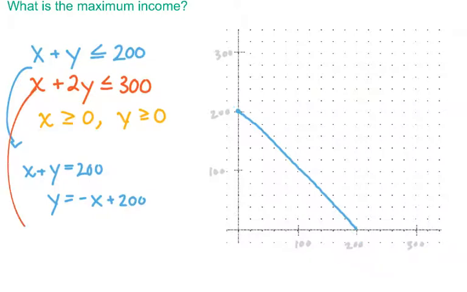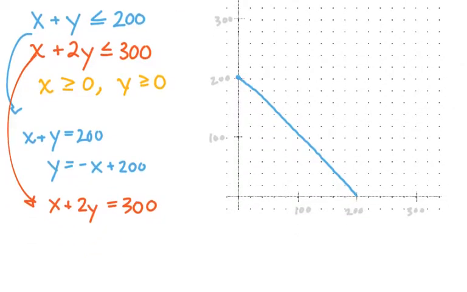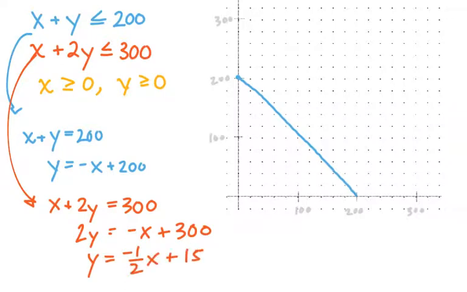All right, let's look at the other equation, which is x plus 2y equals 300, which gives me 2y equals negative x plus 300, or y equals negative 1/2 x plus 150.